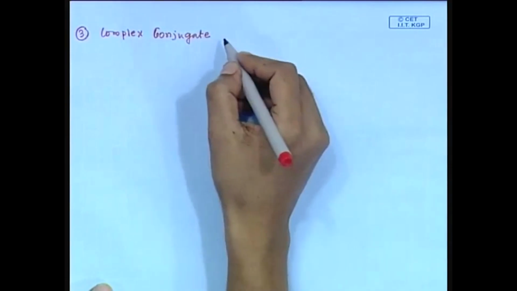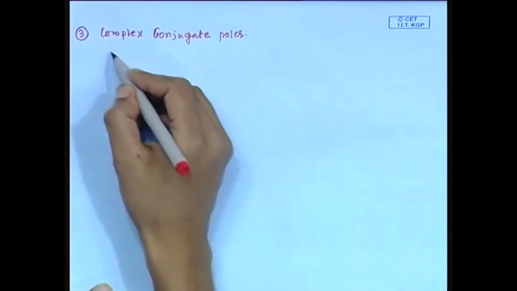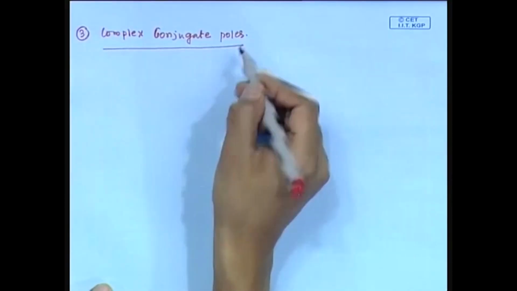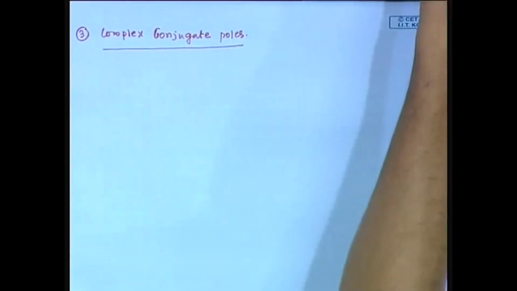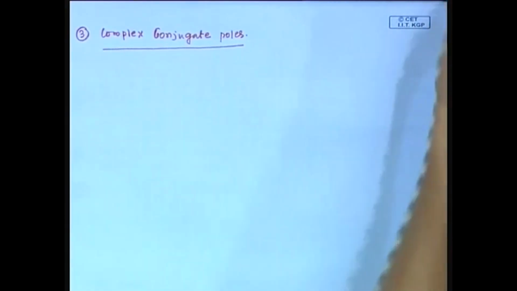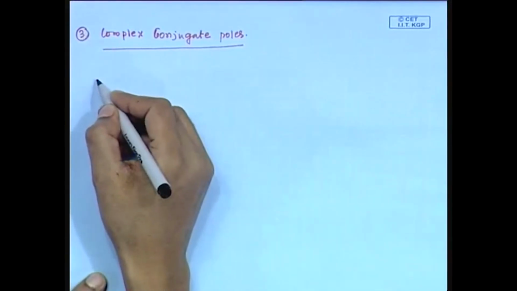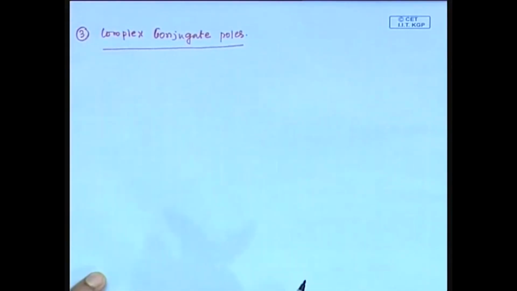So, for the complex conjugate poles, we will consider the third portion of the general form of transfer function.